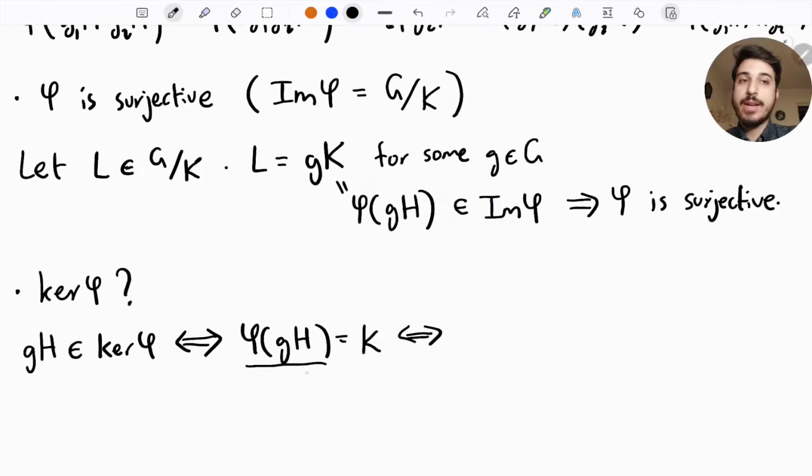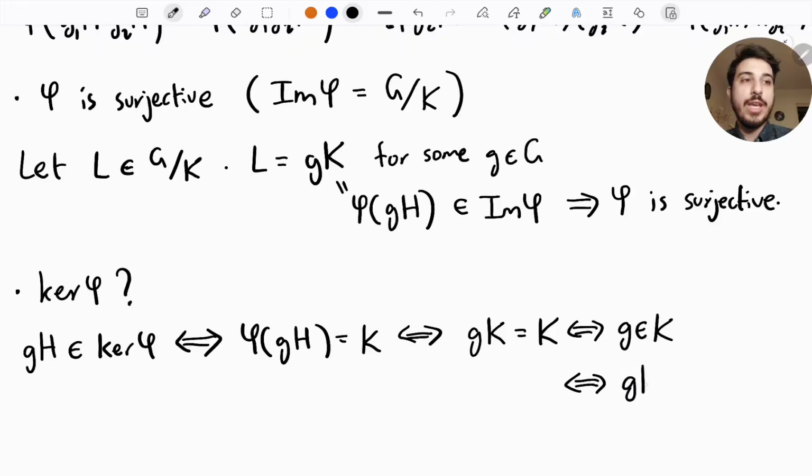Looking at the left-hand side, we use the definition of phi to say this is equal to gK, and the right-hand side is still K. But now gK is equal to K means that g is an element in K. So if g is an element in K, that means that the coset gH has to be an element in K/H.